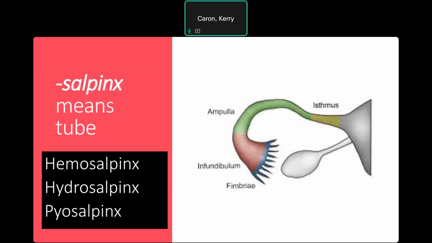So salpinx is the suffix form of salpingo, which was referring to the fallopian tube. Hemosalpinx would be blood in the tube. Hydrosalpinx would be fluid that doesn't belong there in the tube. Pyosalpinx is pus in the tube.